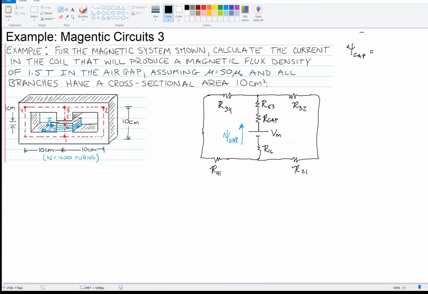Do I have B? Let's see. Yeah, I have B. The problem says to produce a magnetic flux density of 1.5 Tesla in the gap. So that's B. And for dS, the cross section of this is 10 square centimeters. And B and dS are parallel with one another.